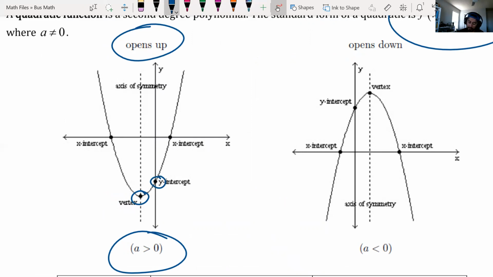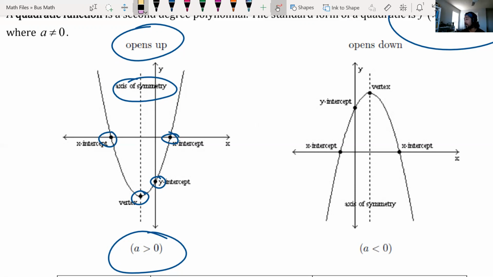You'll have something called the axis of symmetry, which cuts straight through the middle of the parabola. And for a parabola, you may have two x-intercepts, you may have one x-intercept, and you may have no x-intercepts. But one thing is for sure, you will always have one y-intercept. Okay, so these are the characteristics of a parabola.